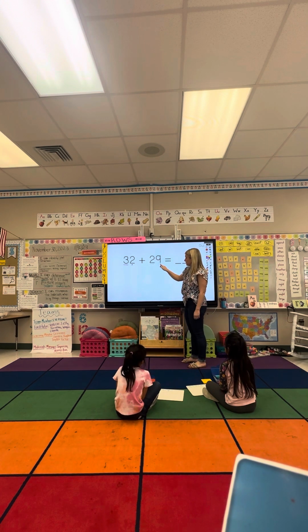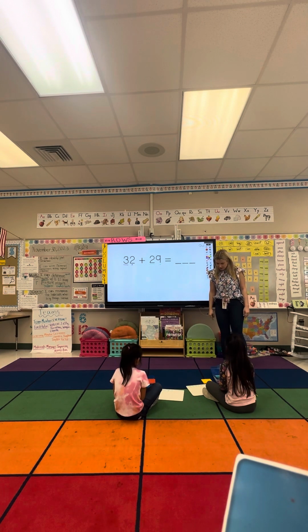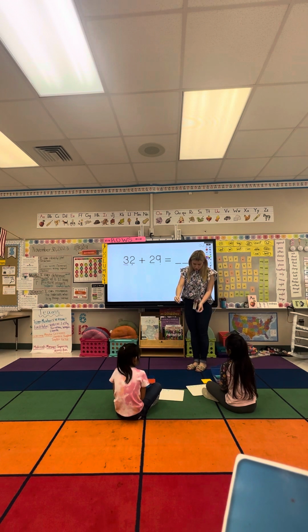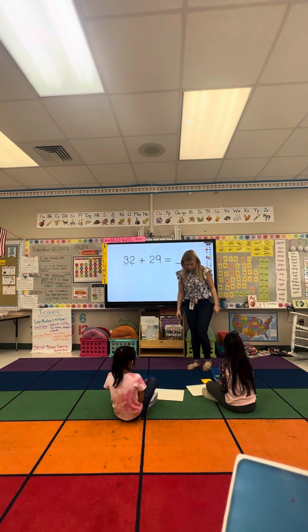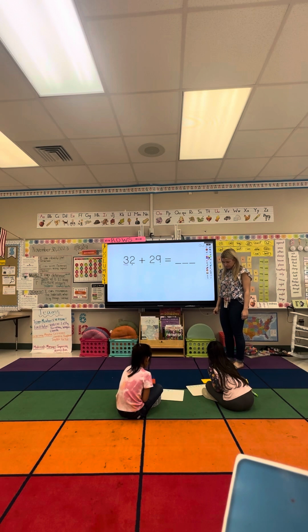9. All right, now I want you girls using your manipulatives, your blocks. I want you to do 32 and 29, and then we're going to count how many in all, okay? So start with 32. So take out your tens first, and then your ones.